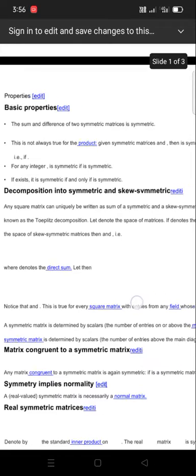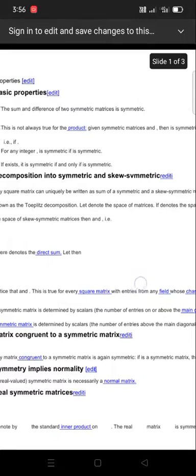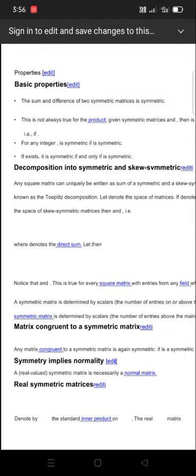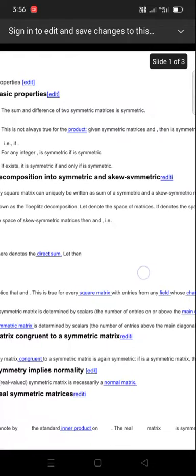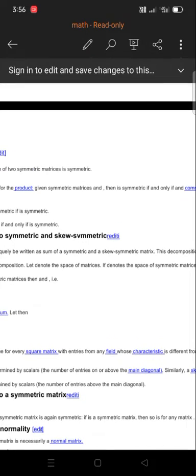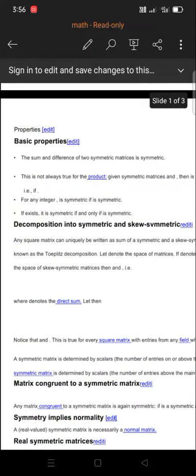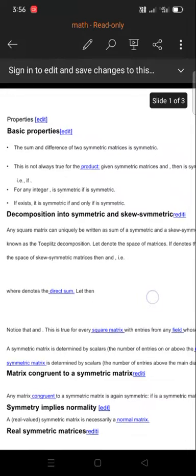Decomposition into symmetric and skew-symmetric matrices. Any square matrix can uniquely be written as the sum of a symmetric and a skew-symmetric matrix. This decomposition is known as the Toeplitz decomposition.